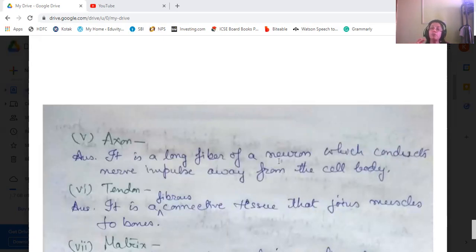Some of those projections are known as dendrons, and the one projection that grows long is known as the axon. It is a long fiber of the neuron that conducts nerve impulses away from the cell body to different areas like muscles or other organs of the body. Then tendon. A tendon is a fibrous connective tissue that joins muscles to bones.